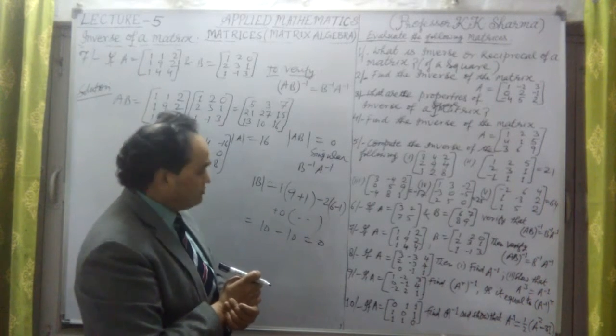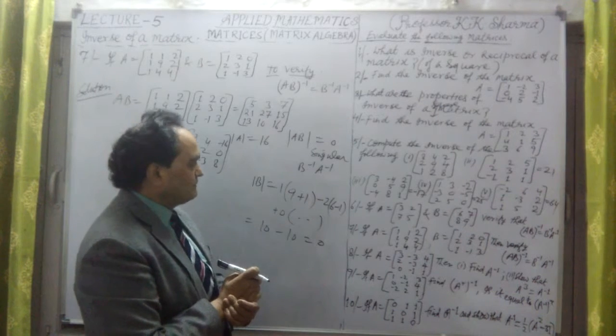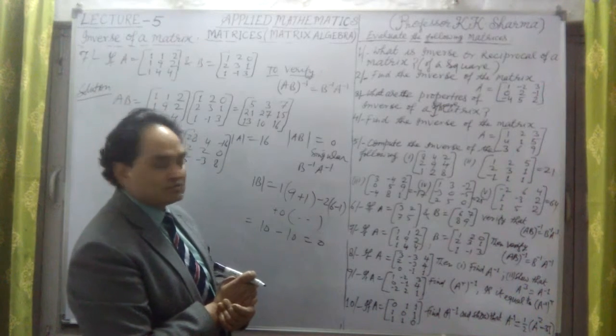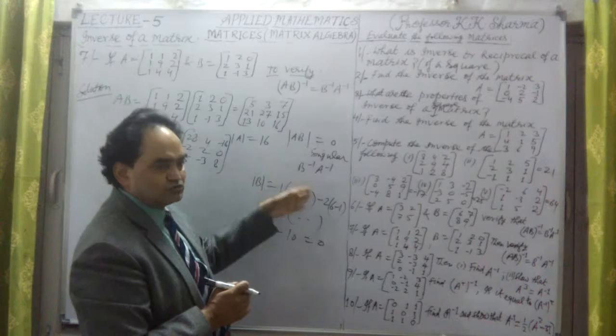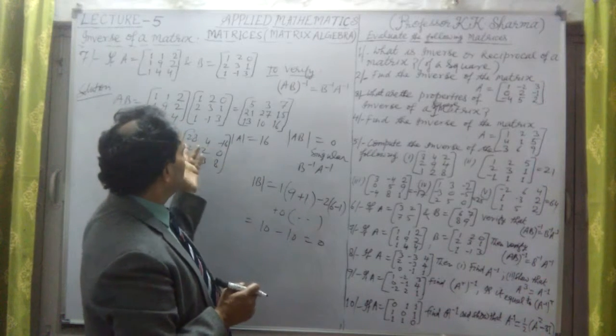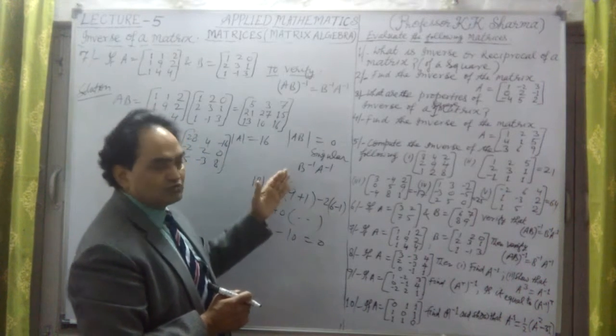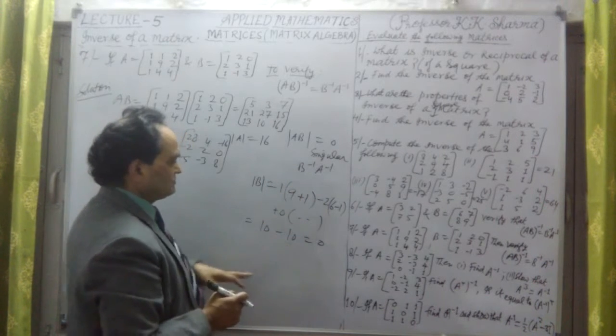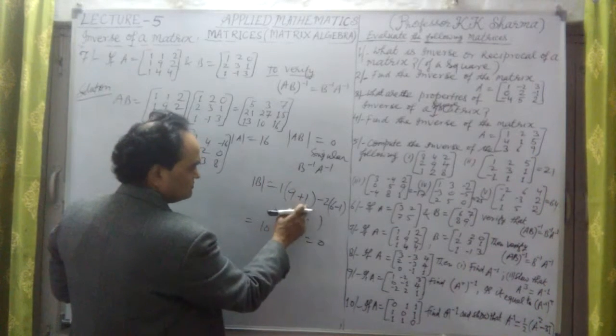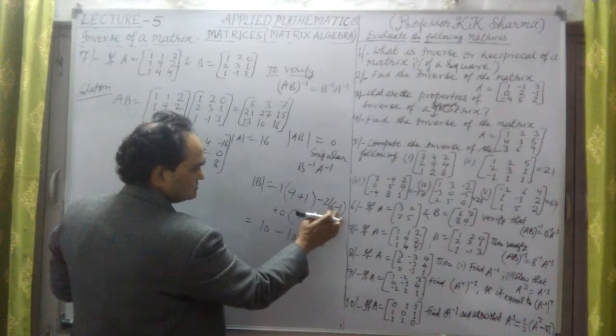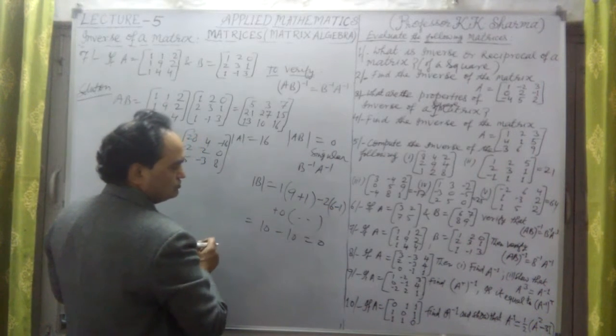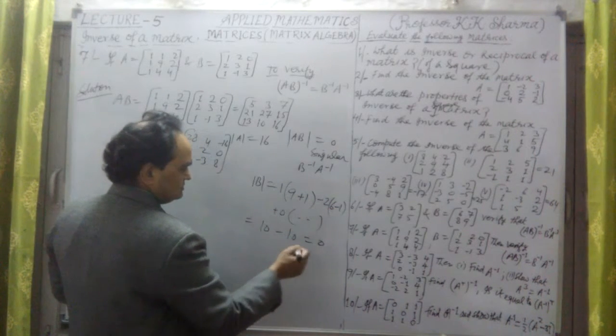Alright. Now we cannot calculate B inverse. B inverse is not possible. If I check, 9 plus 1 is 10, and 6 minus 1 is 5, minus 5 times 2 is minus 10, 10 minus 10 is 0.